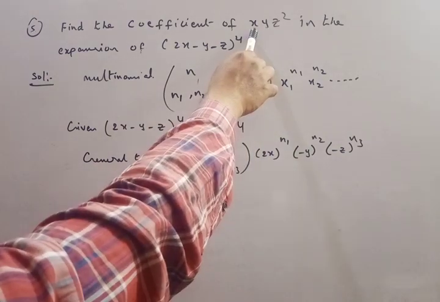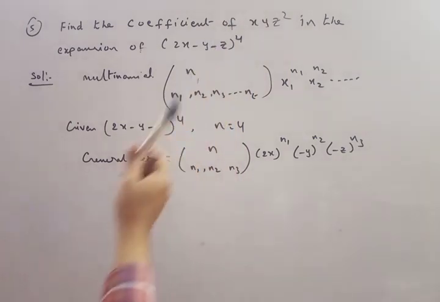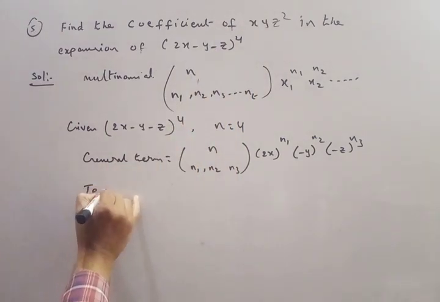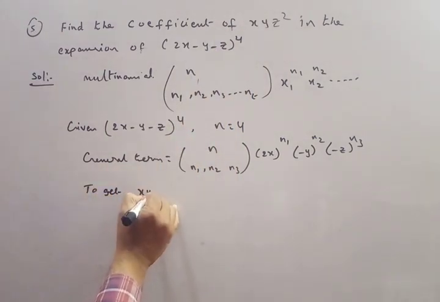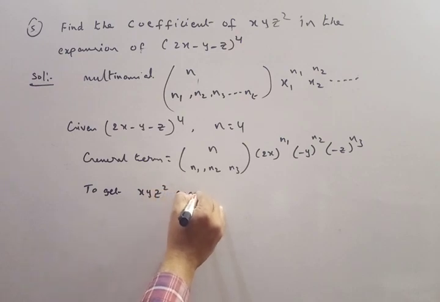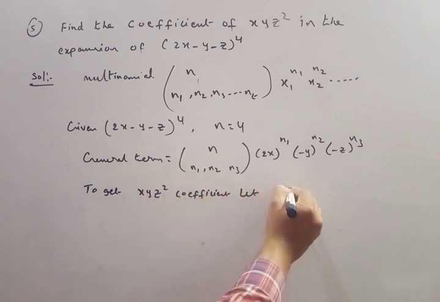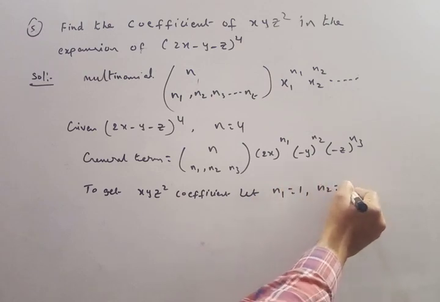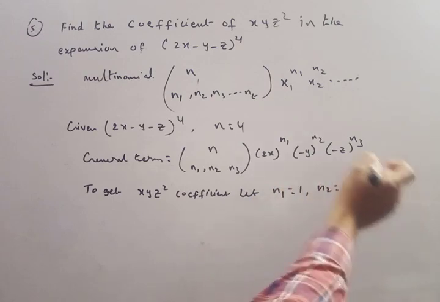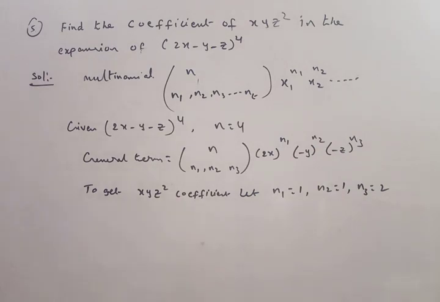Which coefficient is being asked? x power 1, y power 1, z square. So to get the x y z square coefficient, let n1 is equal to 1, n2 is equal to 1, n3 is equal to 2. Correct? Z square we need, no? So what do I get here? n is 4, n1 is 1, n2 is 1, n3 is 2.